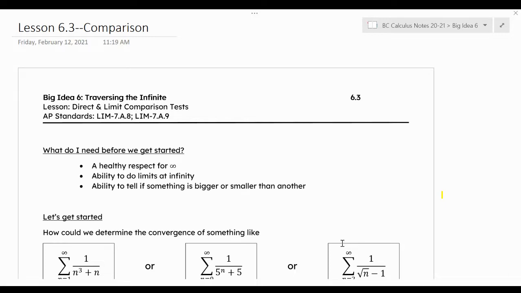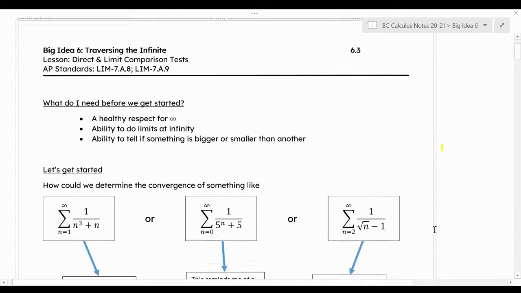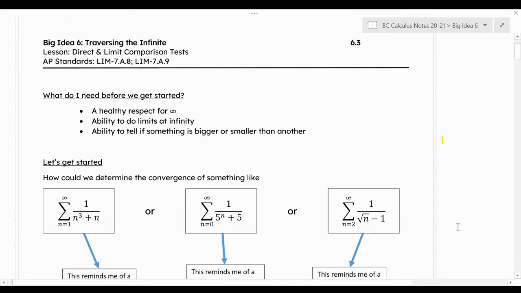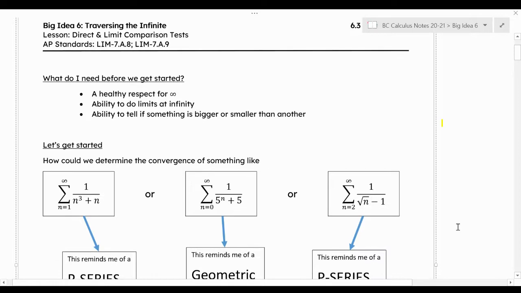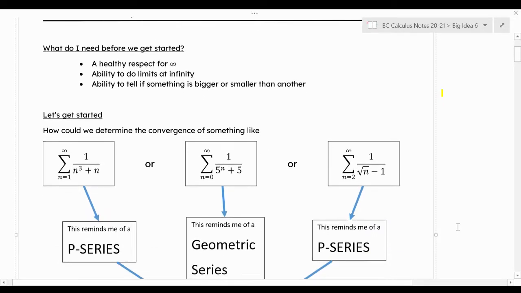Let's talk about these three series. How would we think about these three series? Well, that first one looks like a P series with a little addition on the bottom. That one in the middle sure looks like a geometric series.